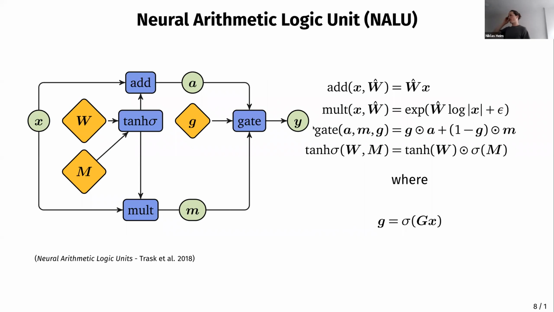Okay, so the first arithmetic layer was called the neural arithmetic logic unit, and it's basically doing what I showed you in the slide before. It has an addition path and it has a multiplication path, and they fix this problem with negative inputs just by taking the absolute value in their multiplication path, and then they gate between those two.